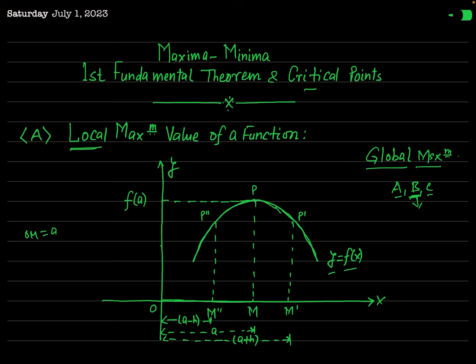Now we consider two close points P dashed and P double dashed, which are very close to P. Although in the figure these points are far separated from P, mentally you have to think that P dashed and P double dashed are very close to point P. Corresponding to the point P, the value of the function y equal to f of x, you can see, is f of A, and this is, let us say, equal to OA.